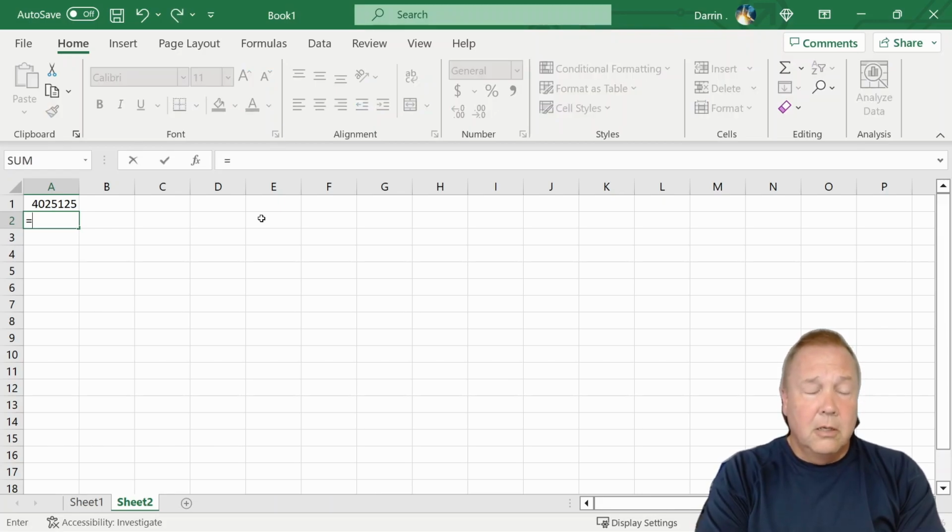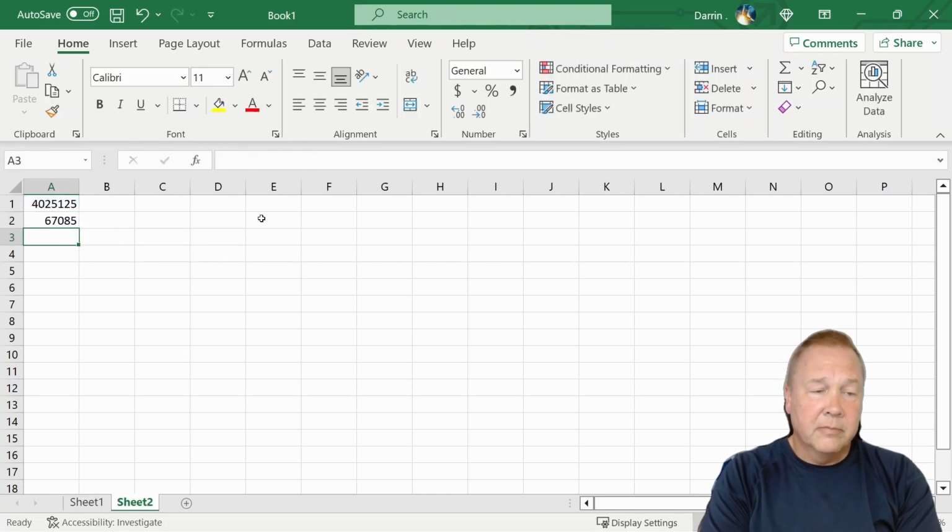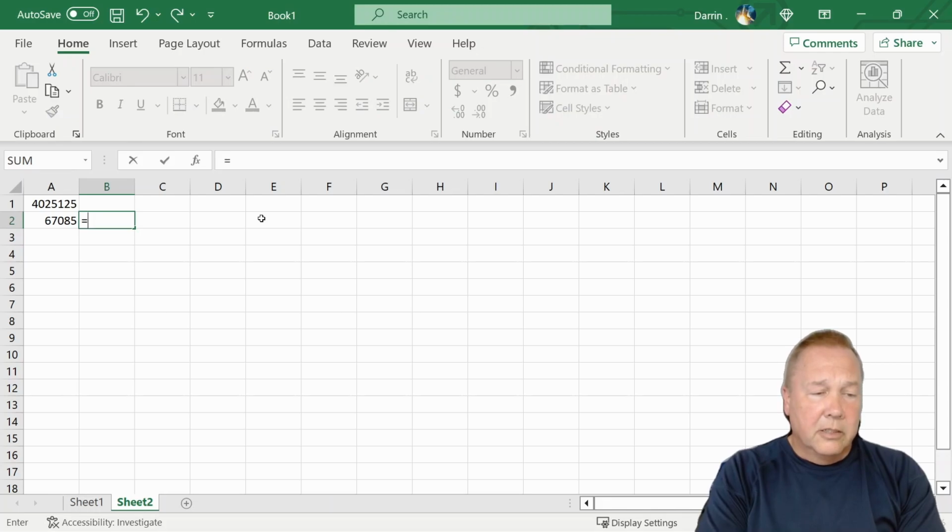So we're going to do equals QUOTIENT of A1, and since we're going from seconds to minutes, that would be 60. Okay, that looks good. And then for seconds, this is going to be MOD of A1 comma 60.